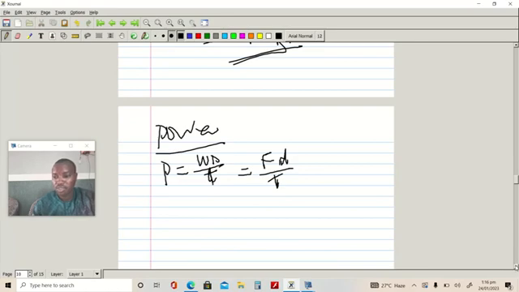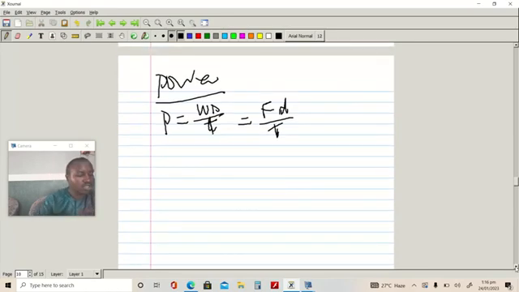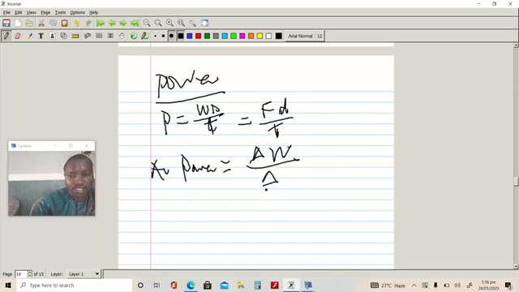If there is work done in an interval of time, we're going to define what is called average power. So average power is going to be equal to change in work done divided by change in time.